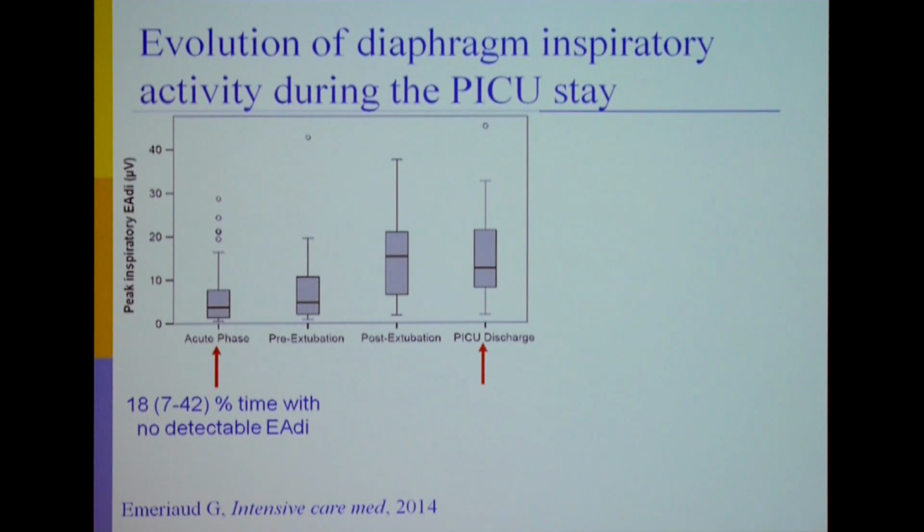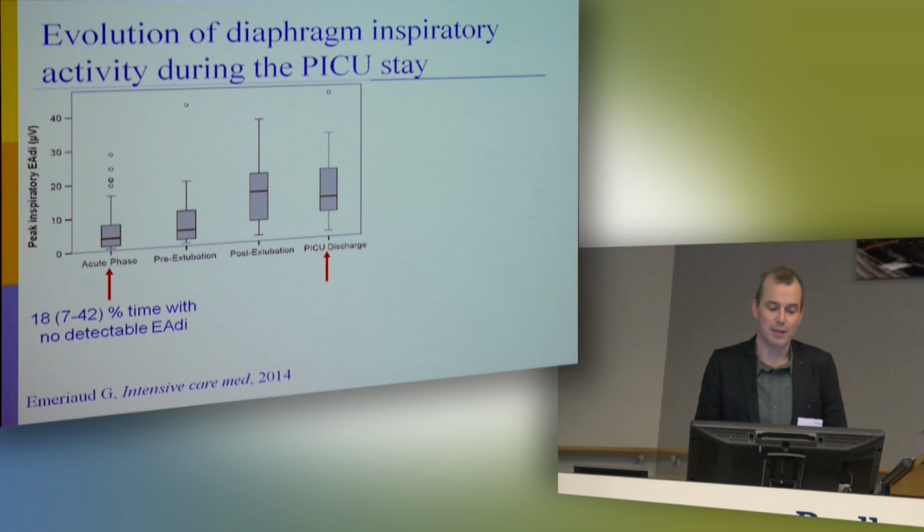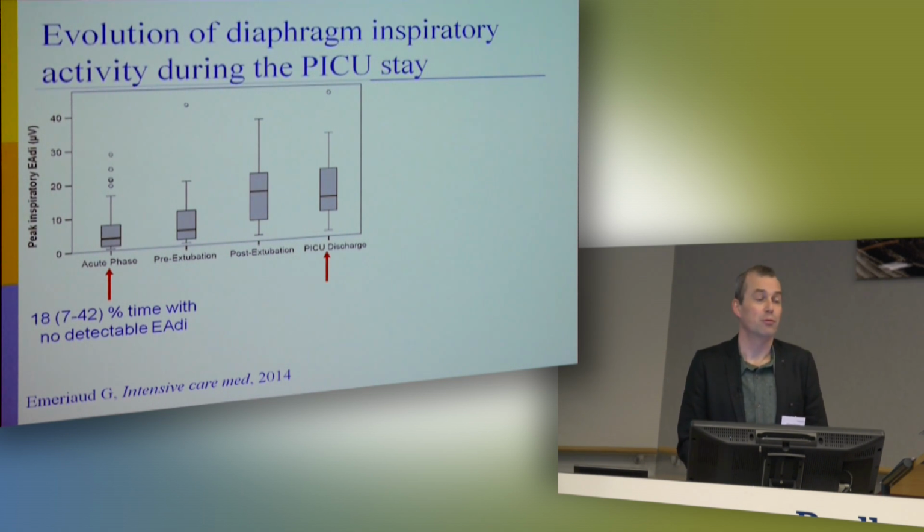Some patients did not breathe at all when the physician considered that they were breathing. The median value was that during 18% of the time, the patient had no detectable EAdi. So we have to realize that these patients are probably at increased risk of diaphragm atrophy. We have no idea of that in pediatrics, so we plan to conduct some research on that aspect, probably with Jean-Paul.